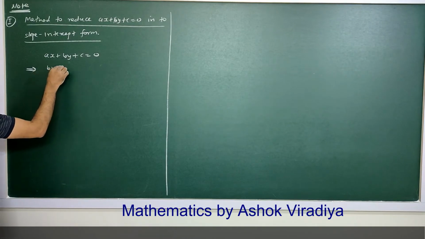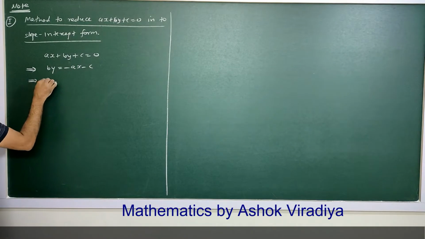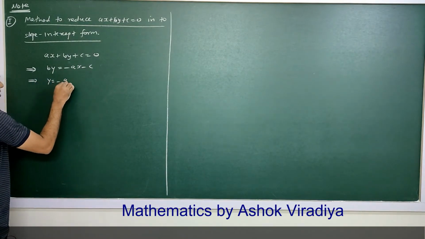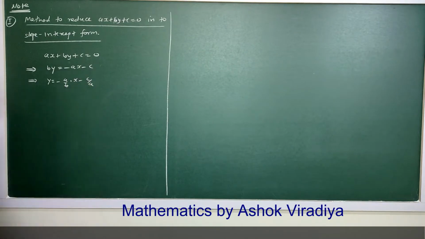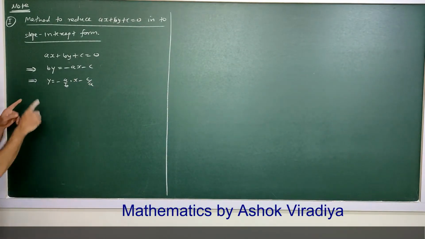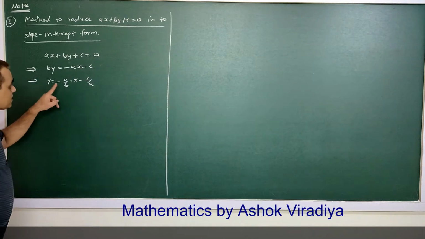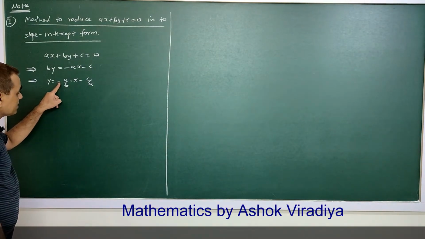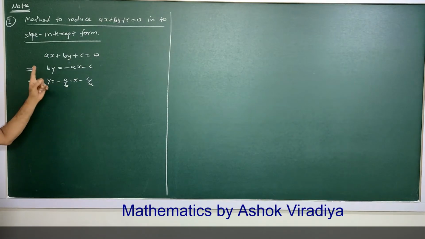So by is minus ax minus c. So y is minus a by b into x minus c by b. So this is the expression for y. Now look at this form. See, minus a by b, minus a by b represents the slope of the line.